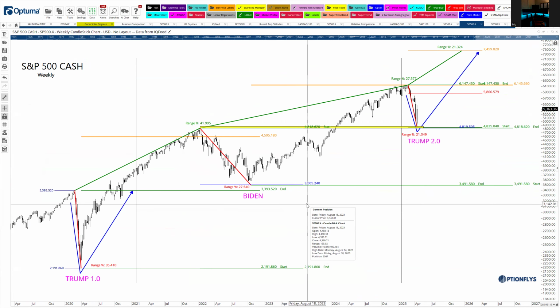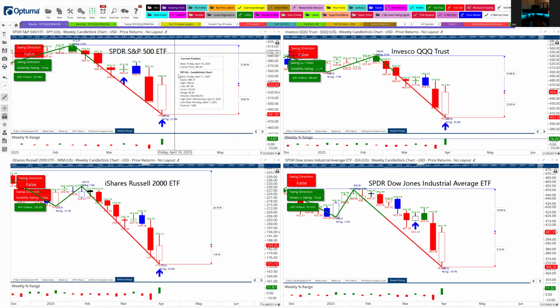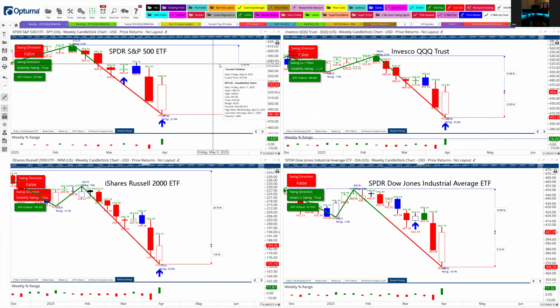So again, we will need three weeks of higher highs for the weekly to recover. I don't think that is happening anytime soon or that fast, unless crazy earnings come out, that's a different thing.